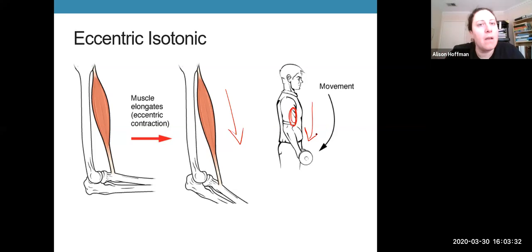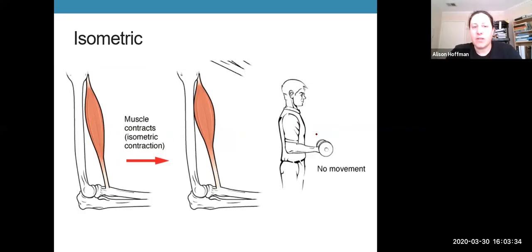And then we've got the isometrics, where we're just contracting the muscle without actually changing length. So this is the kind of thing that our postural muscles might do a lot of the time. And it's also like when you look up things like exercises you can do while sitting at a desk, you're going to find a lot of isometrics because you literally don't have to move while you're still working your muscles.